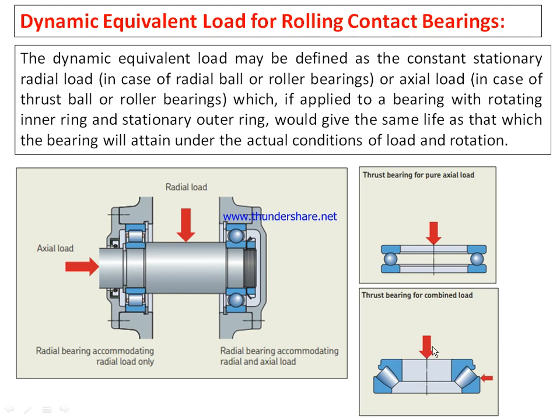Here also, in the case of thrust bearings, there is the radial load and the axial load. The combination of these loads to get a single equivalent load is the equivalent dynamic load.